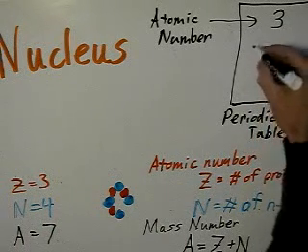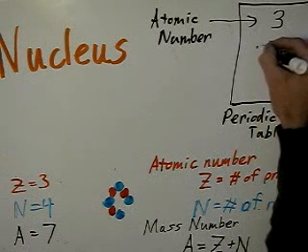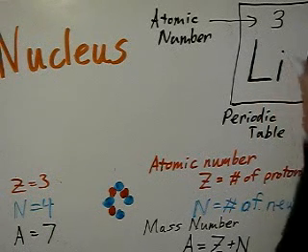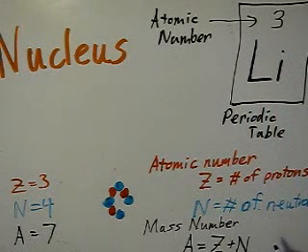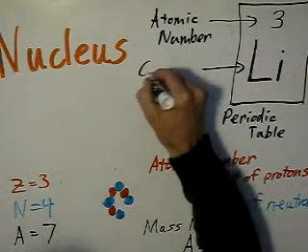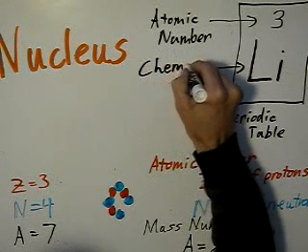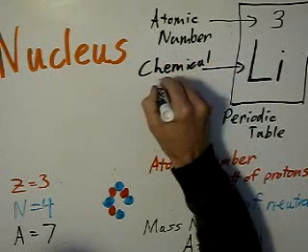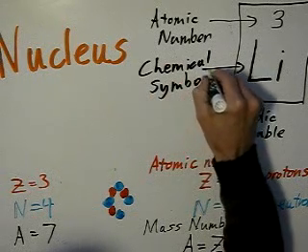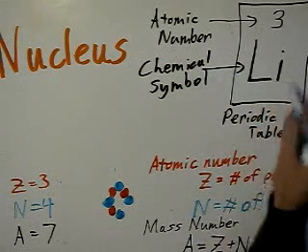And inside the box where you have atomic number 3, on every periodic table you will find Li. Li is called the chemical symbol and it's a shorthand.